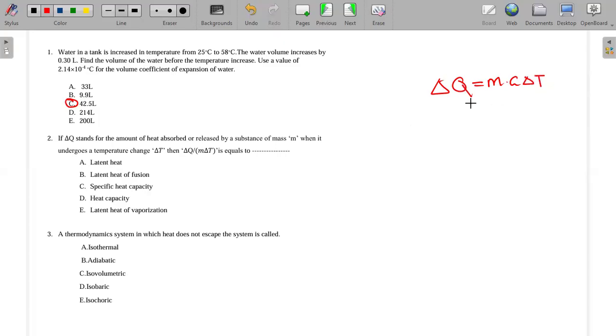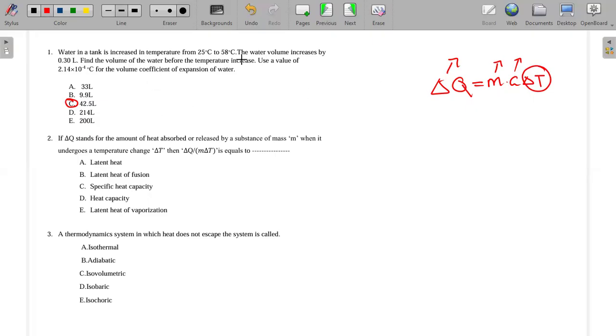This is the formula that we use for heat that is absorbed or released when there is a certain change in temperature. So this is our heat absorbed or released, this is our mass of a substance, this is the specific heat capacity, and this is your change in temperature. So what are they saying?